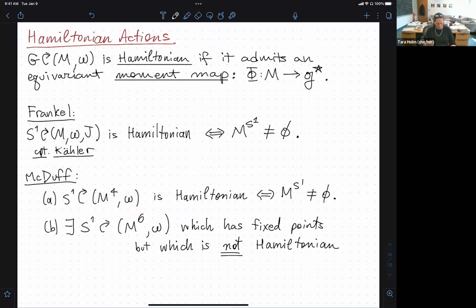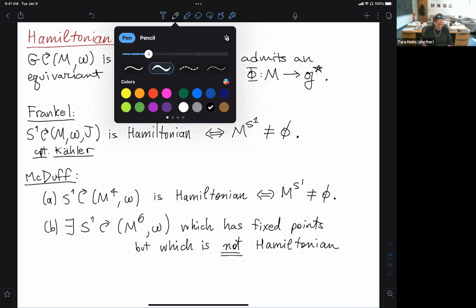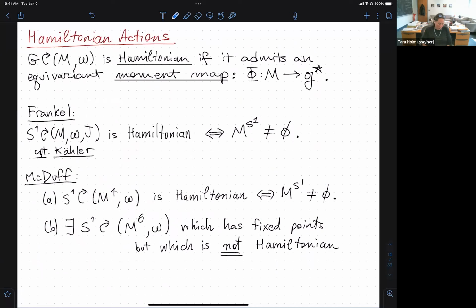And Dusa McDuff went on to prove that this equivalence between Hamiltonicity and existence of fixed points is true generally in the four-dimensional framework. So for a four-manifold, we still have the equivalence with fixed points, but then she constructed a six-manifold that has fixed points but which is not a Hamiltonian action.